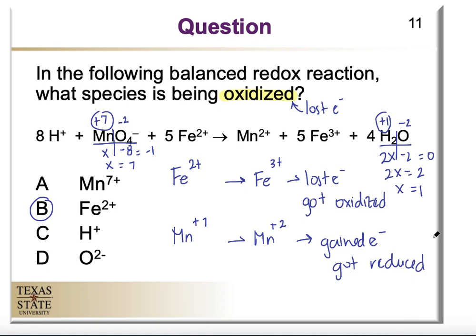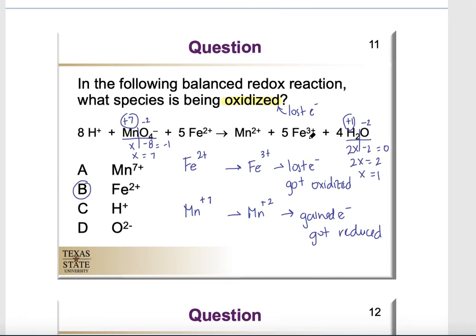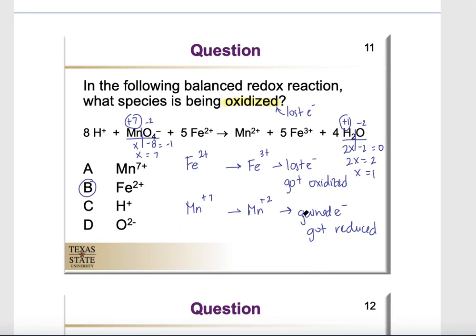Now, on the next page, I'm actually going to ask you for the same exact system, which one is the oxidizing agent and which one is the reducing agent. So let's go ahead and do it here since we have all the information that we need. All right, so the atom that got oxidized, that means that that one is the reducing agent, right?